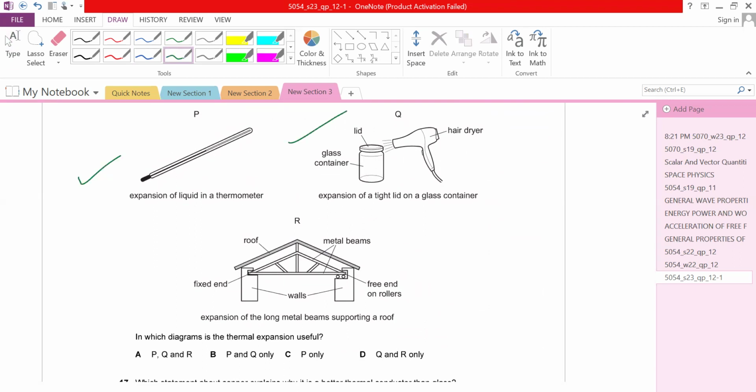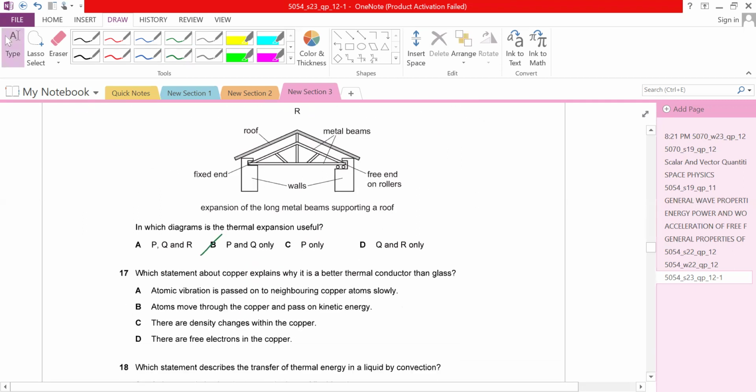In Q, the hair dryer makes the lid loose on the airtight container, so both options are correct. However, in option R, the metal expansion of long metal beams supported on a roof makes the metal beams loose. So option B is correct for question number 16.